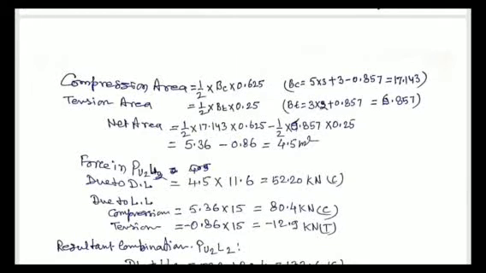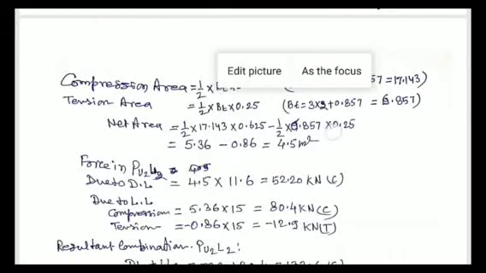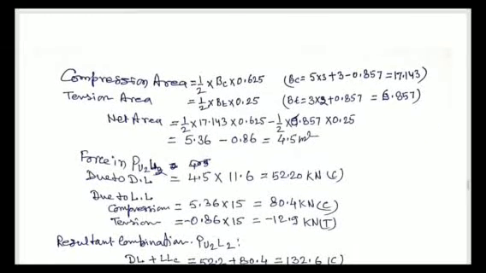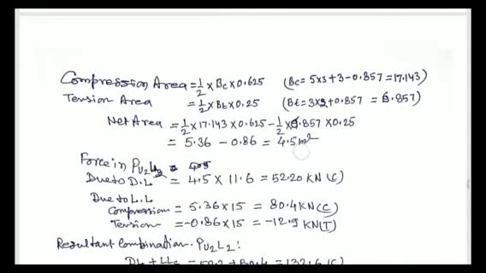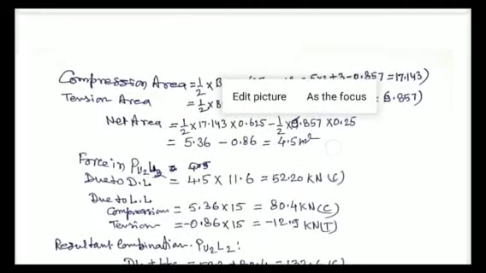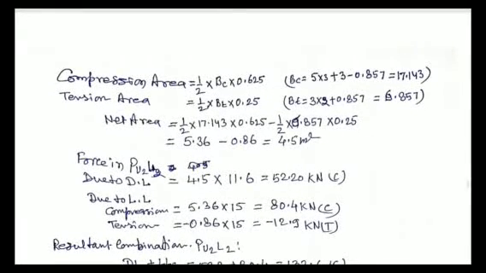In the same way, BT, the base of the triangle in tension, will be 3 into 2 plus 0.857. It comes out to be 6.857. So now the compression area will be half of 17.143 into 0.625, minus this tension area, the tensile area, half of 6.857 multiplied by 0.25.